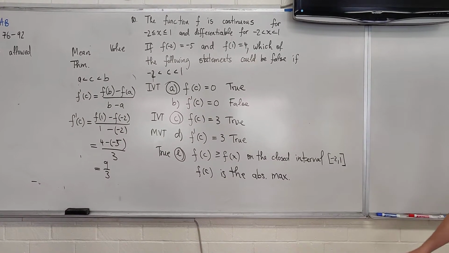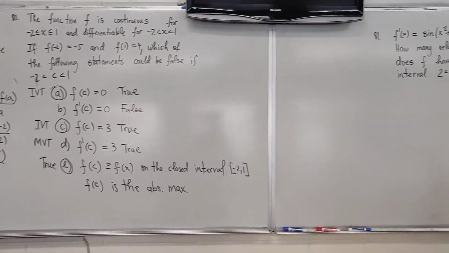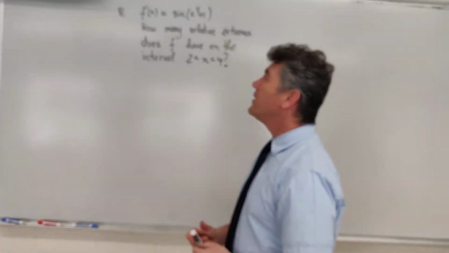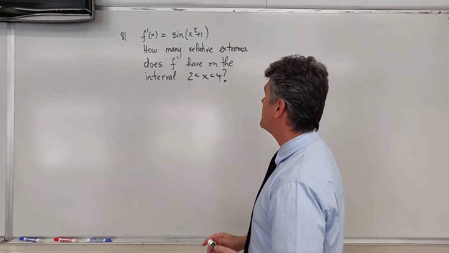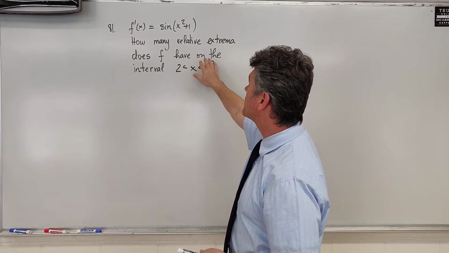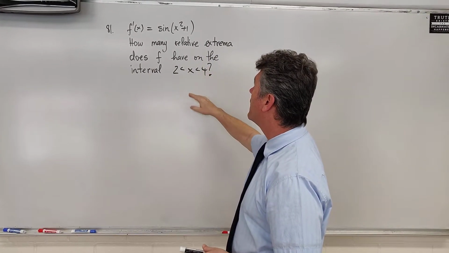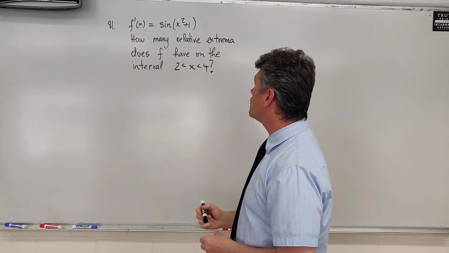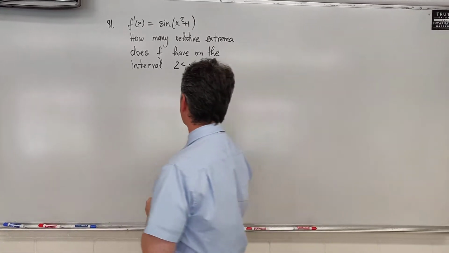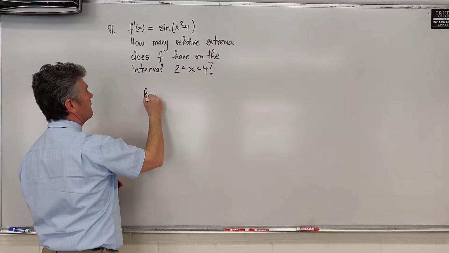That's it for number 80. We now move on to number 81. Number 81 is a graphing calculator question. It says, how many relative extrema does f have on the interval from 2 to 4? So let's review what is a relative extrema.